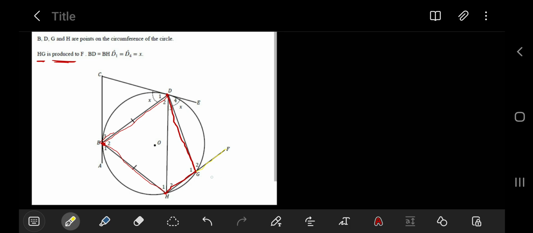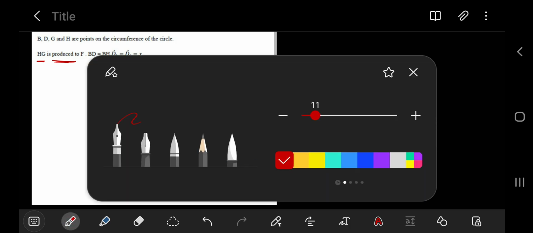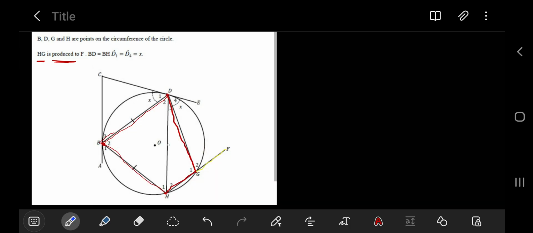So if there's a continuation of one side, then you must expect an exterior angle. So in this case, where is our exterior angle? You can see that from that line that has been continued or extended or produced, there is an exterior angle here, right? And that exterior angle must be equal to the opposite interior angle, okay?